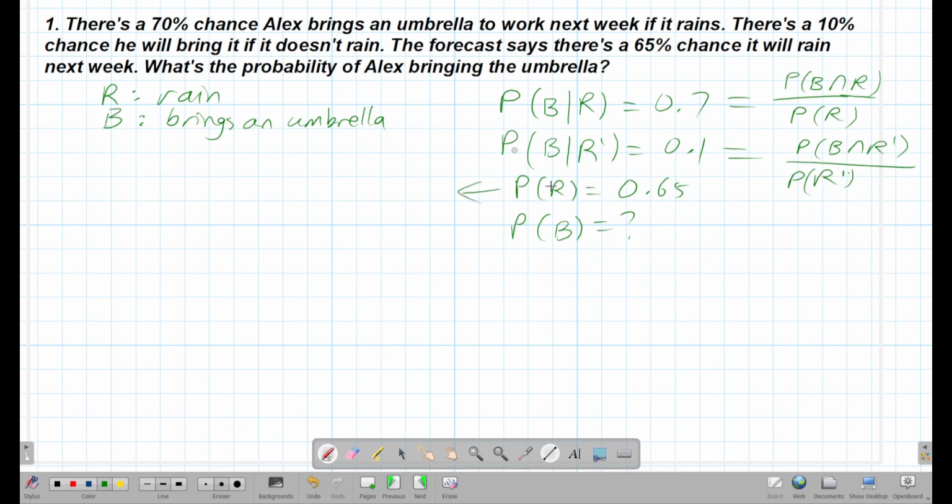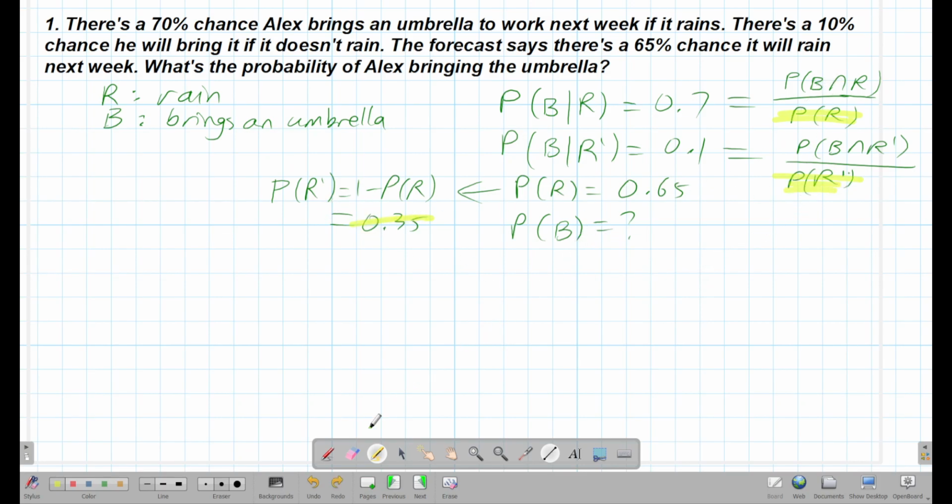We know that probability of not R is just 1 minus the probability of R. So this is 0.35. I'm going to highlight what we know in yellow. We know what this is because we have it here. We know what this is because we just calculated over here.